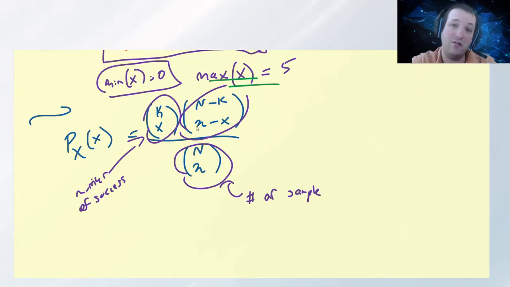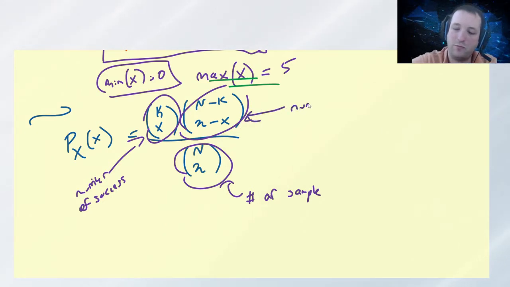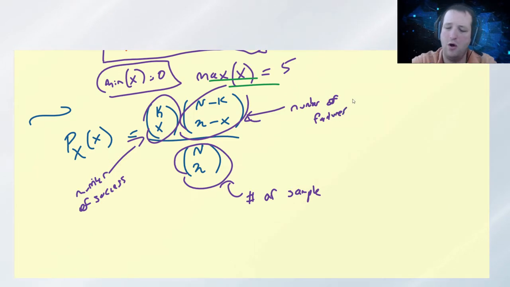And if little n is our sample size and little x is the number of successes in our sample, that means little n minus x is the number of failures in our sample. So that means this is the combination associated to the number of failures with respect to the population, and k choose x is the number of combinations associated to the number of successes for a population, right?